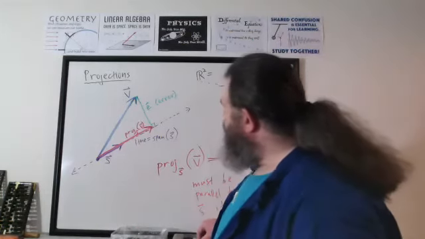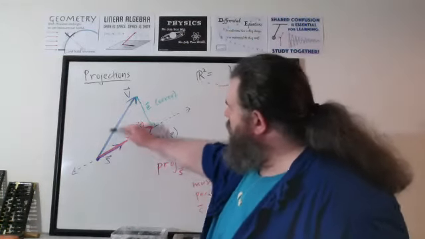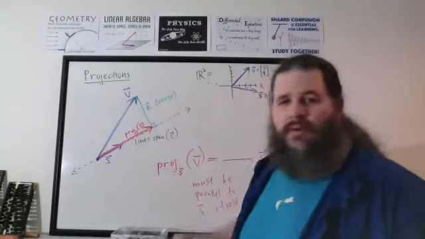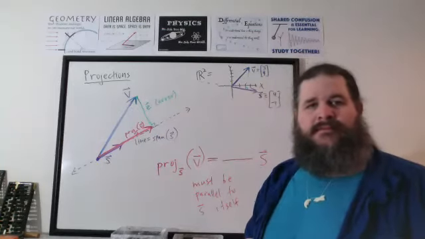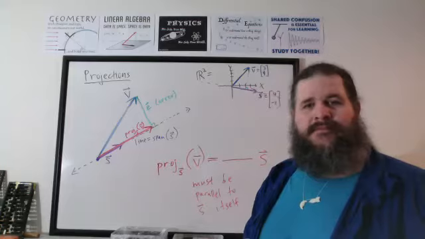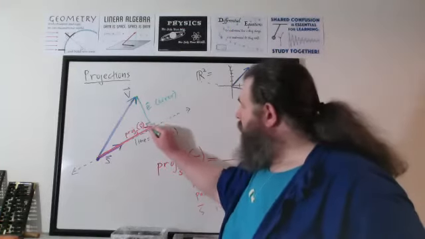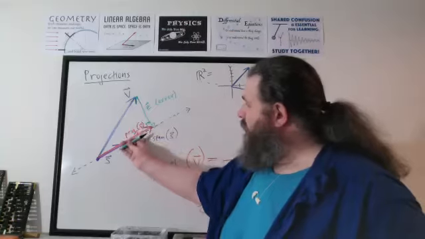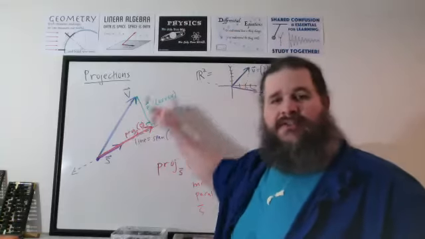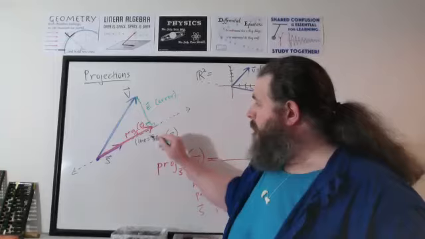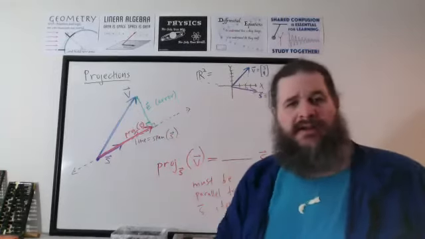First of all, the original vector and its projection and the error form what shape? Right triangle. Yeah, it's a right triangle, because in order to make sure that the projection is as close as possible to V, to make sure the error vector is as small as possible, the error vector must be perpendicular to the subspace we're talking about.